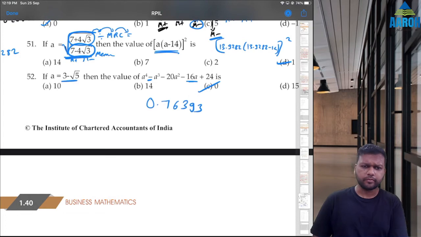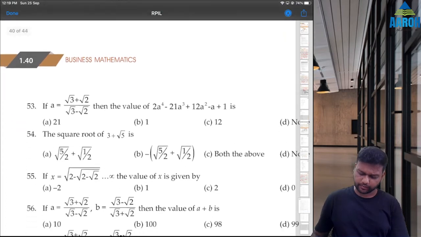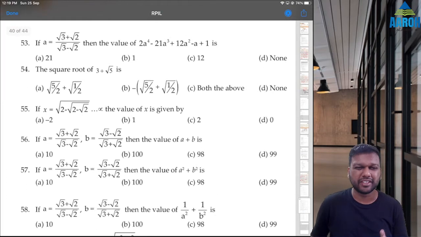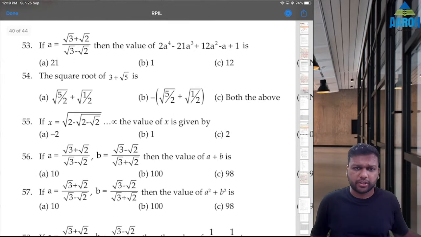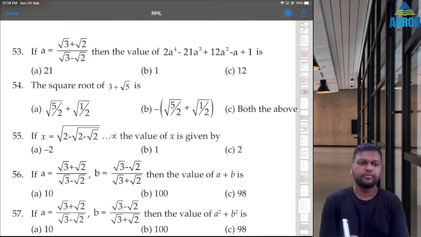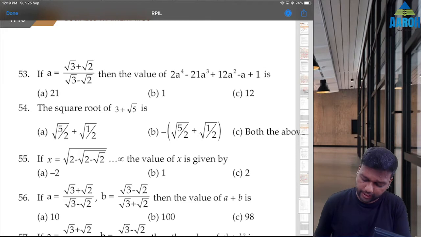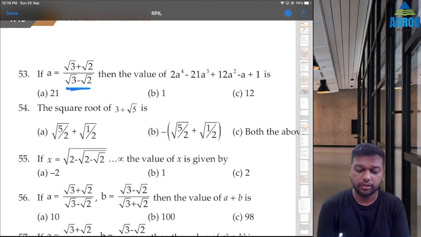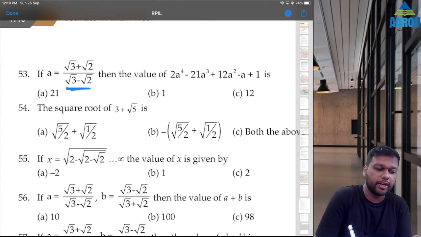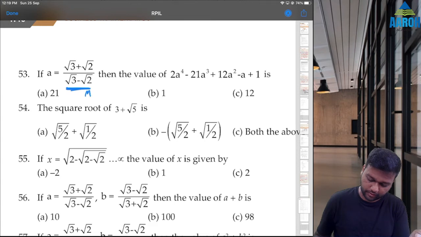Okay, fine. Next, 53, again similar question. Fine, let's solve fast. Okay, how to do this? Again, solve the denominator first. Root 3 root minus 2 root is equal to M plus. Okay, add it to memory, M plus.